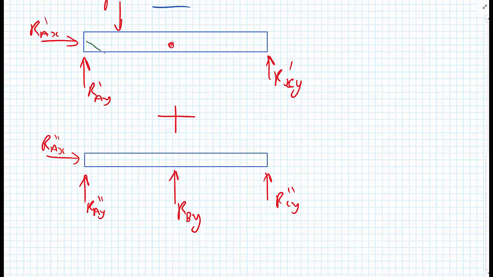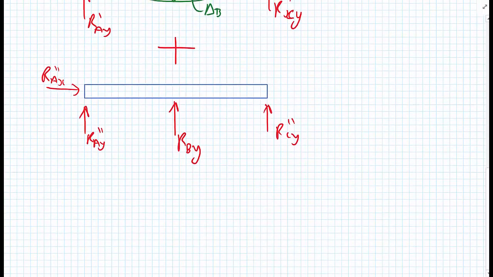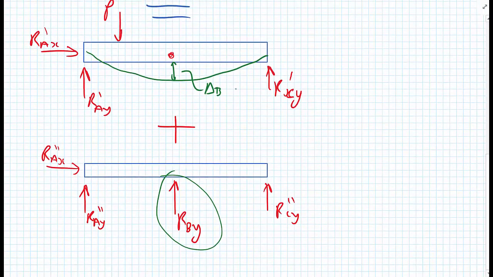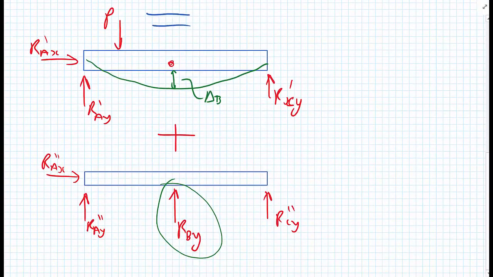So in this primary structure, we would get a displacement delta B, but in the original structure, we know we have 0 displacement at B. So if we can apply just enough force back at B to get rid of this displacement delta B, we will have recovered the original structure.